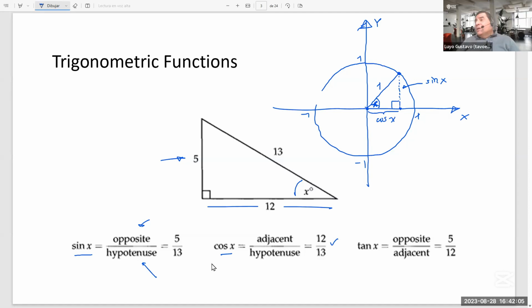Okay, so that's it. The sine, the cosine, and the radius form a right triangle where the measure of this angle is x degrees or x radians, if you will. It depends on the units they give you.